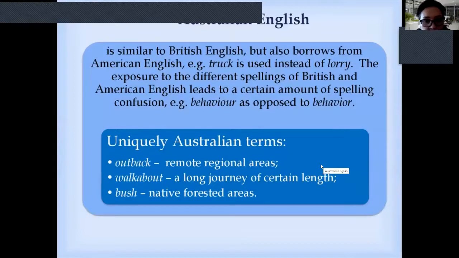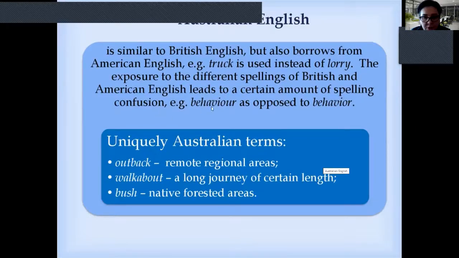So let's look through some examples of Australian English. For example, the word truck is used instead of lorry in American English. The exposure to the different spelling of British and American English leads to a certain amount of spelling confusion.